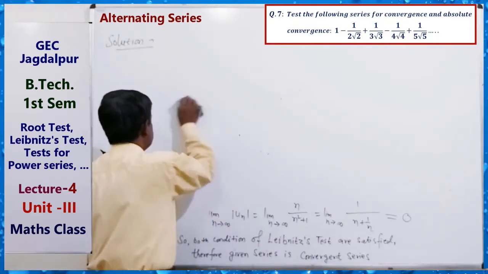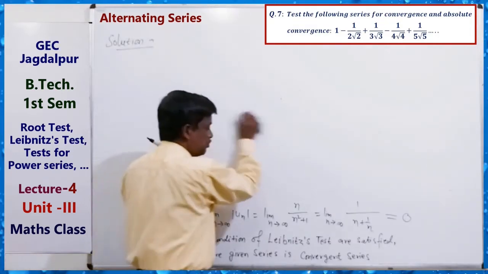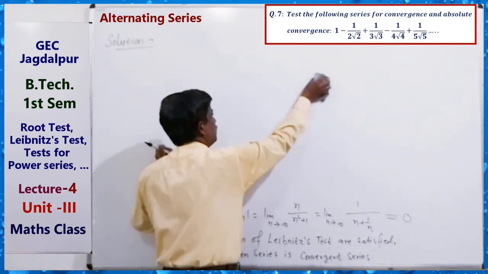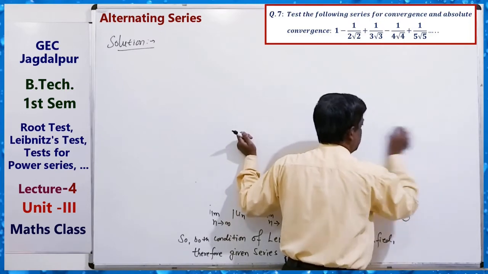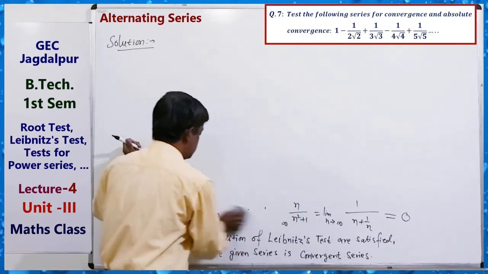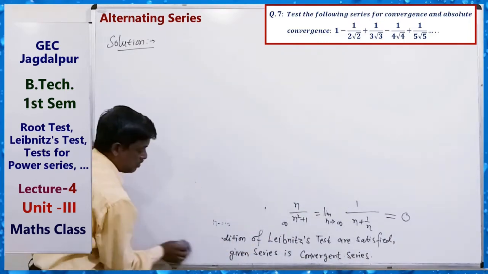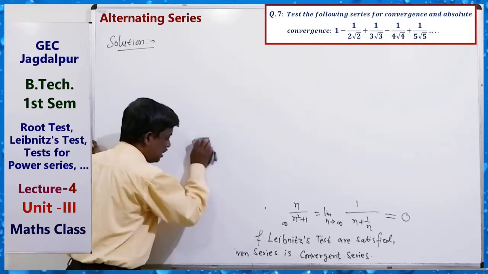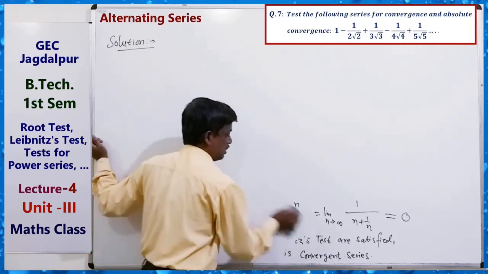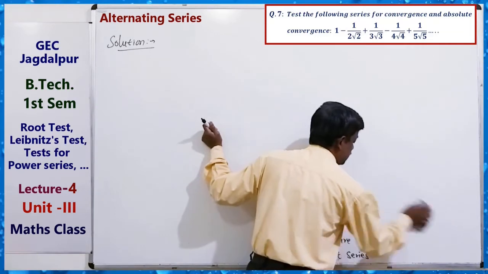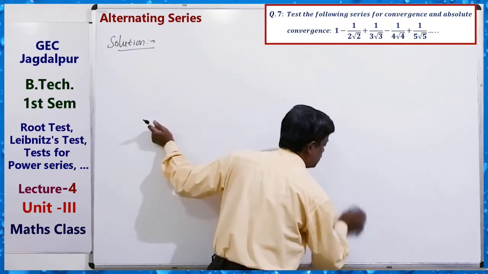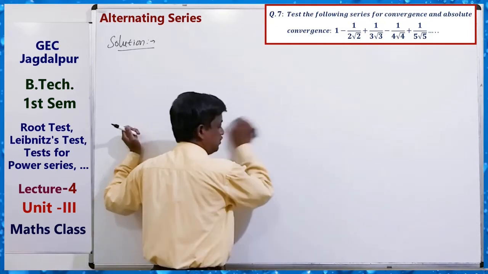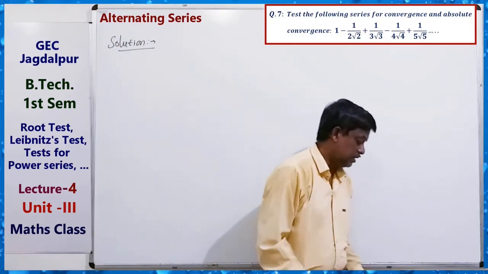The given series has the factor (-1)^(n-1), because if we take this in place, we get the sign starting from plus. So (-1)^(n-1) means the first sign will be plus, then minus, and so on.